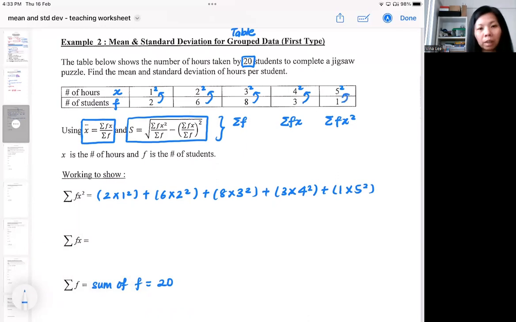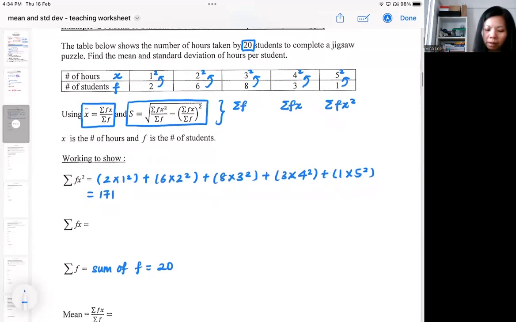So again, you will expect this number to be quite huge. I'm getting 171. I already worked it out. Sum of fx means you don't need to square the x. You do a direct multiplication, something like 2 times 1, 6 times 2, 8 times 3, 3 times 4, and then 1 times 5.